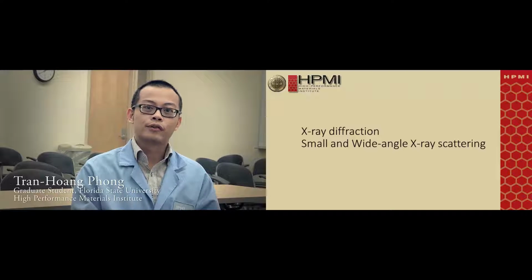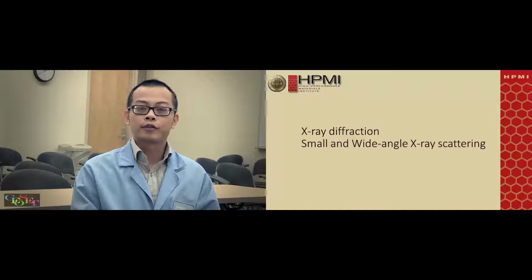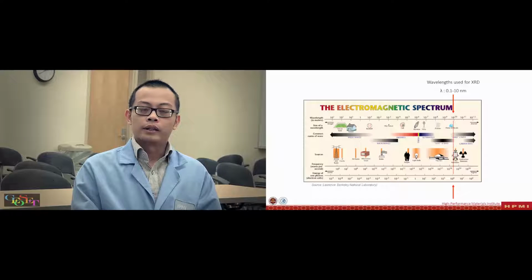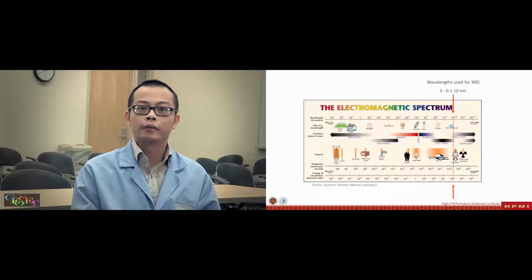I'm a grad student from HPMI, and today I would have a very brief talk about the X-ray system that we have here at our material research building. With the naked human eye, we can only observe things in the visible light range from 400 nanometer to 700 nanometer.